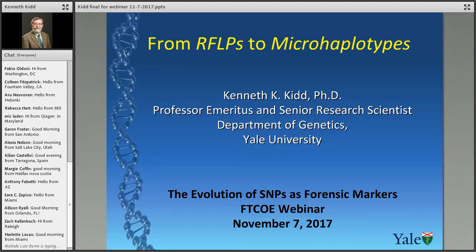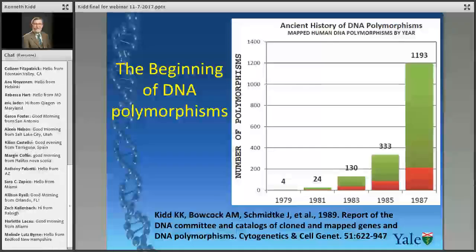Good morning. As the most ancient of the speakers today, I was assigned the task of looking at the development. And it's interesting to look back into ancient history, a form of ancient DNA, that the first DNA polymorphisms were just beginning around 1980.